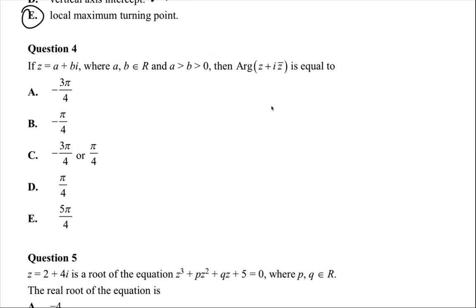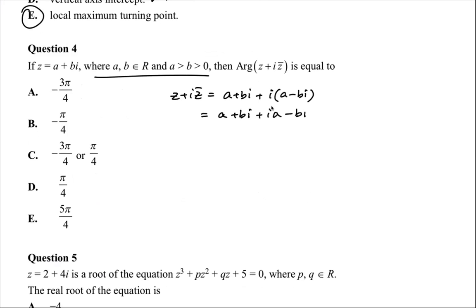If z equals a plus bi, a, b are real numbers, and a greater than b greater than 0, then argument z plus i z bar. Okay, so z plus i z bar. Basically, this is a plus bi plus i times a minus bi. So you should get a plus bi plus ia minus bi squared. So you should have a plus bi plus ai. Well, minus i squared is minus 1.